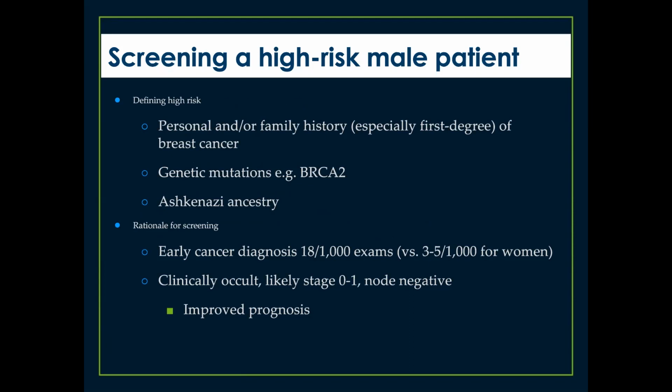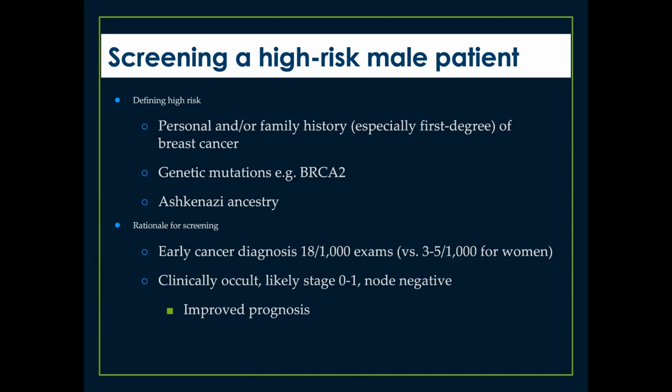So ideally, we would be seeing high-risk male patients in the screening pool and not when they present with symptoms. So what is a high-risk male patient? A high-risk male patient is one who has a personal history of breast cancer or a strong family history, especially first degree, mother, sister, daughter, of having breast cancer, genetic mutations like BRCA2, or Ashkenazi ancestry.